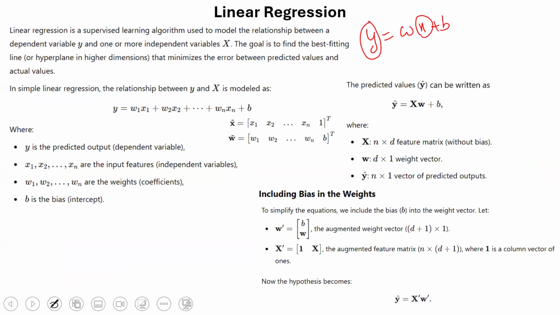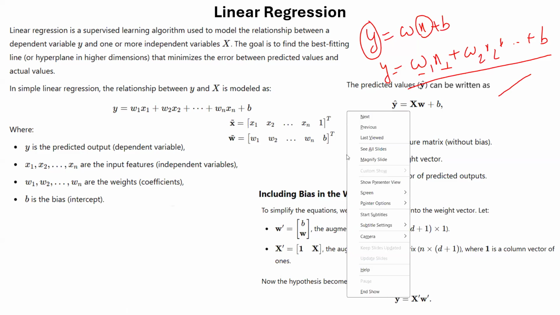If you have n number of dimensions, then y will be w1 x1, the weight along the first dimension, plus the weight along the second dimension, and so on, plus b, right? So for multi-dimensional linear regression, the equation looks like this. This is all about linear regression. Linear regression is all about fitting a line to the data.